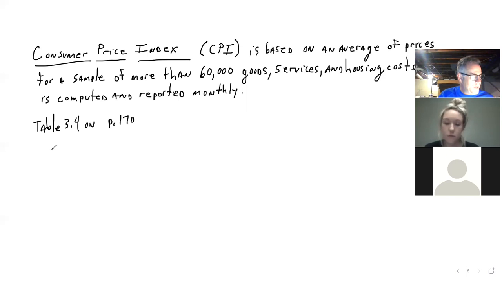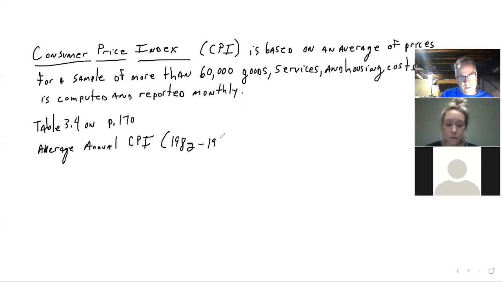It's called the Average Annual Consumer Price Index. That's the name of the table. And then you'll see right here, and this is again where we put the reference value, 1982 to 1984, and we say equals 100.